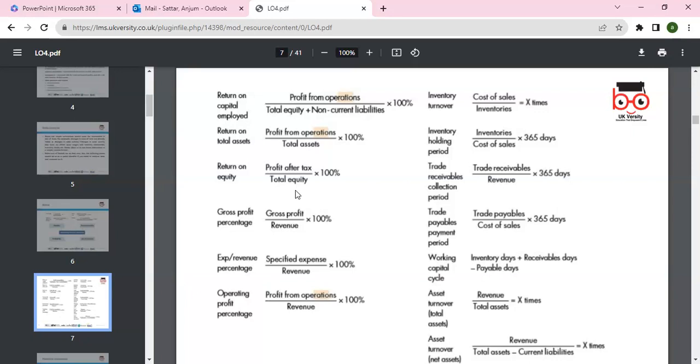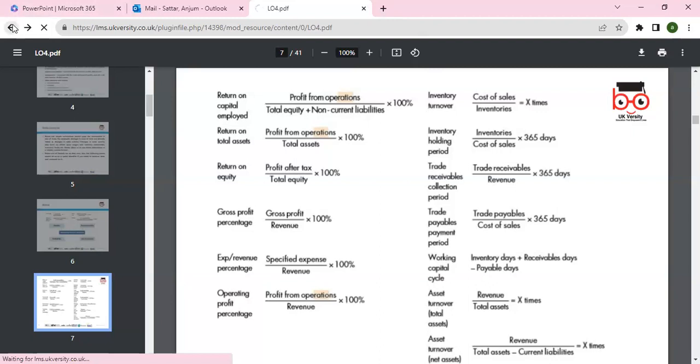Also inventory turnover, trade receivables, trade payables, and asset turnover. These are all the ratios we can calculate.